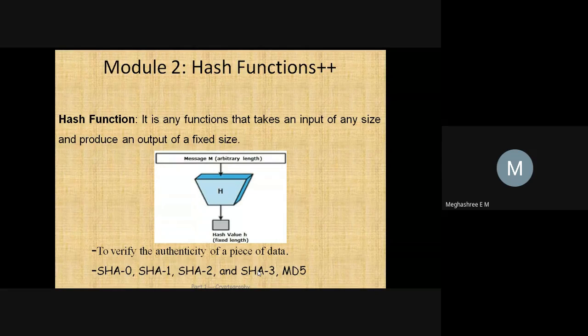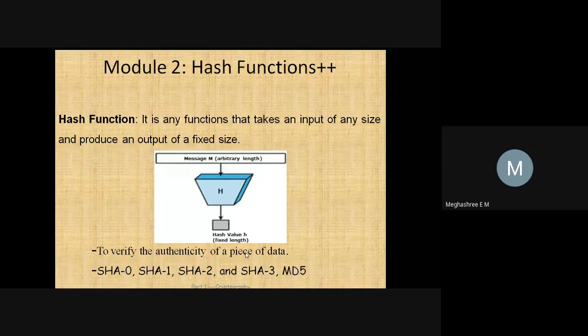We also have the SHA-512 algorithm as well. Compared to all other algorithms, actually Message Digest 5 is widely used in the market as a hash function to verify the authenticity of a message. Okay, I hope this definition is clear. This is not given in your textbook. Just to give an introduction, I have taken this content.